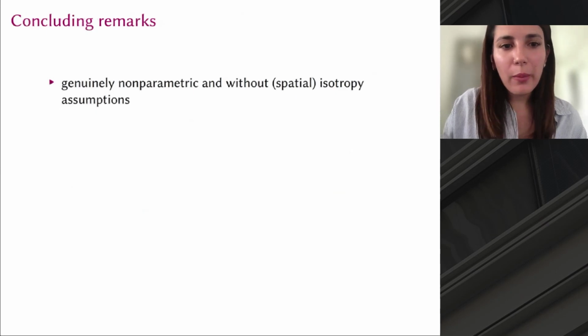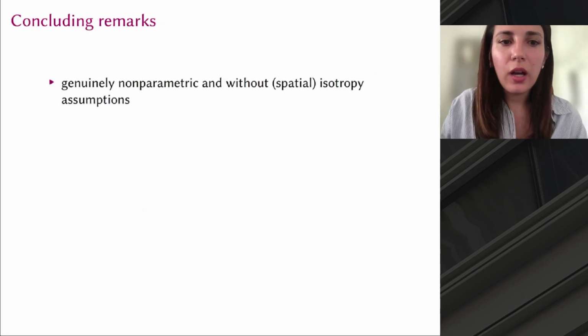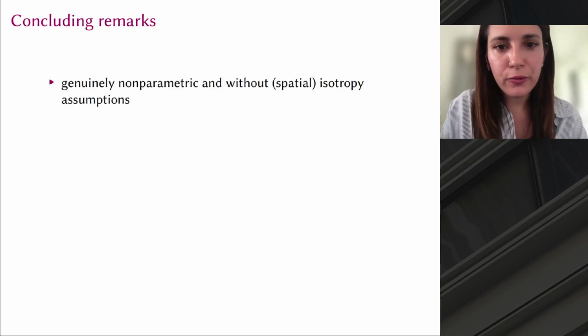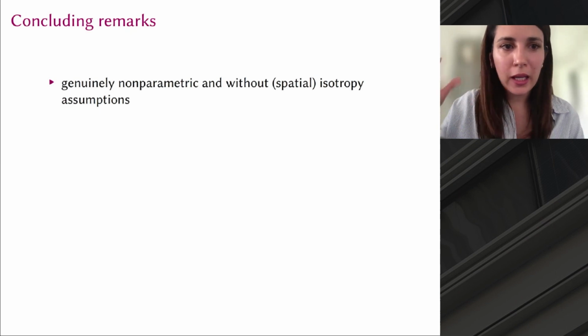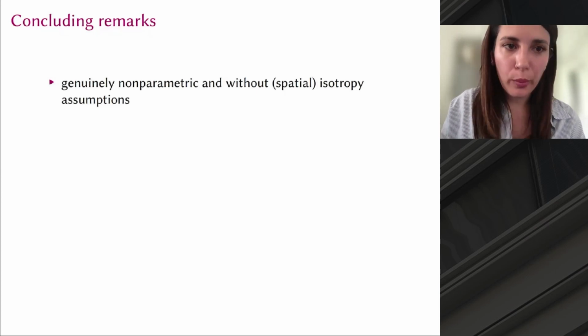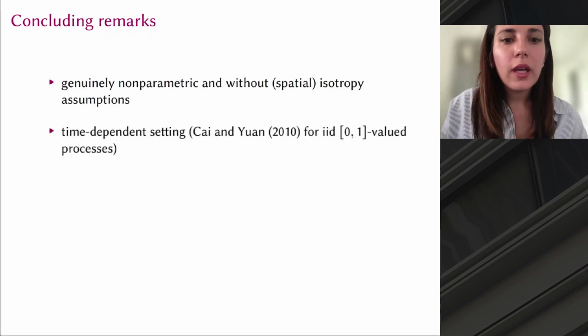So just to wrap up, we introduced a non-parametric estimator for the lag-h autocovariance functions without assuming any form of isotropy in the space, only stationarity in time. So we are actually estimating an anisotropic covariance function.